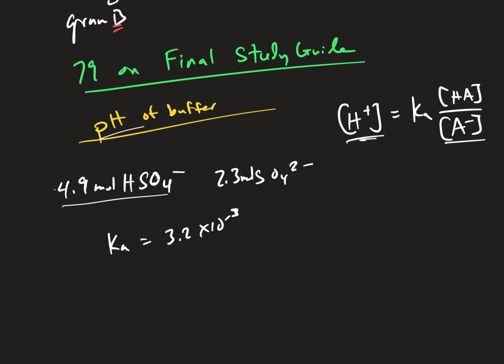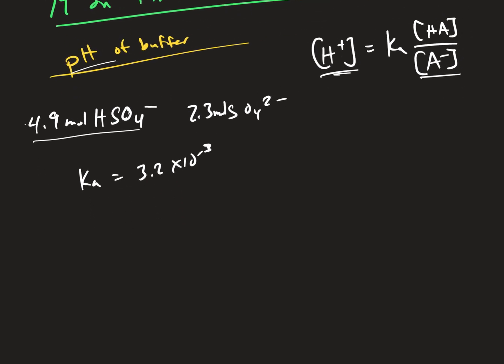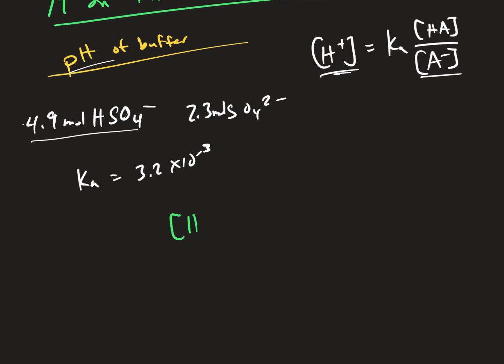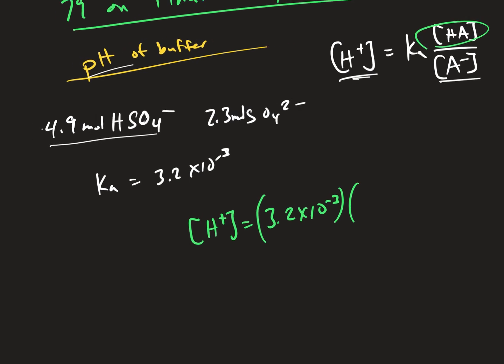You'll be given all this stuff, so you don't have to pick it out like I am. So the H plus concentration is going to equal the Ka, 3.2 times 10 to the negative 3, multiplied by the number of moles of acid, or the molarity. In this case, it doesn't matter. You can use moles or molarity.